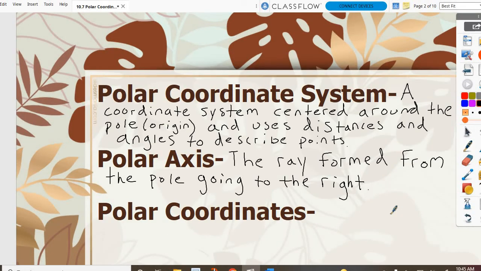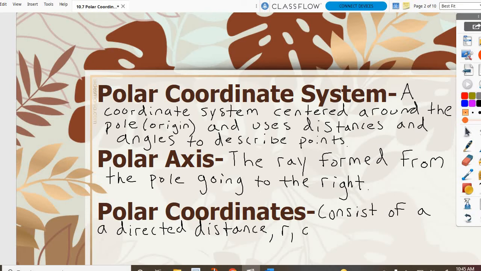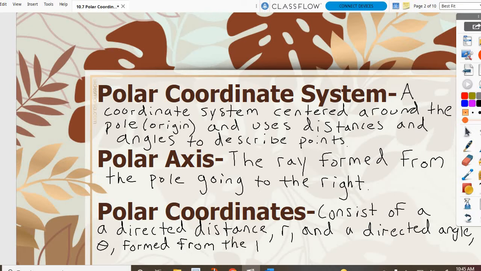So polar coordinates consist of a directed distance, which we label as r, and a directed angle, which we label as theta, formed from the polar axis going counterclockwise.